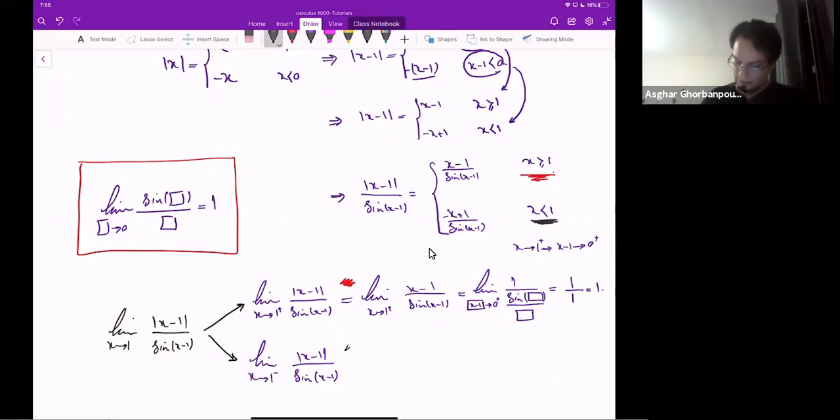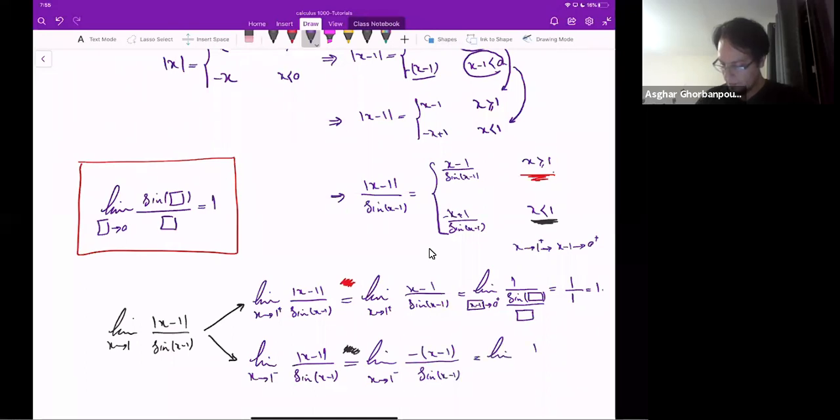But for the negative side, you have this piece here. Let me do this so that you can follow. The limit as x goes to 1 minus, and here it will be minus x plus 1, which is negative (x minus 1), over sine of x minus 1. And this is the limit of negative 1 over sine of box over box.